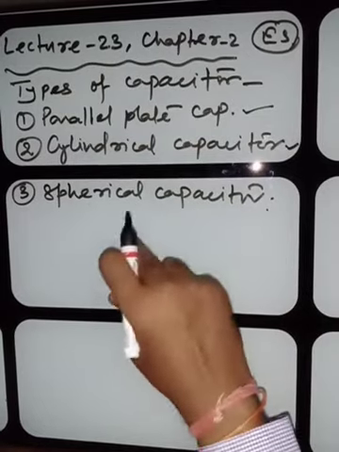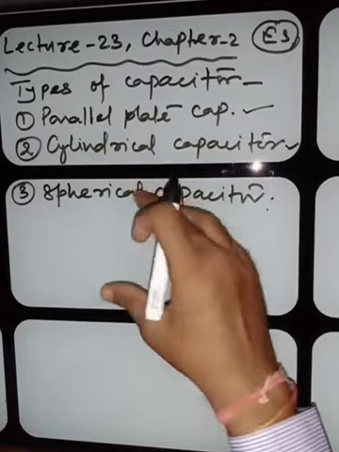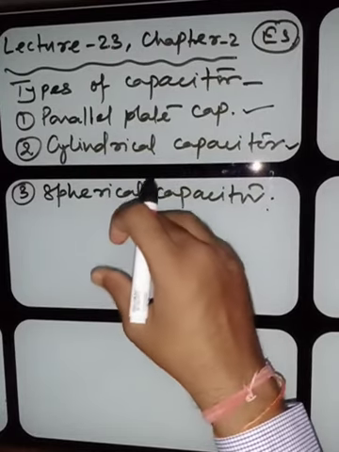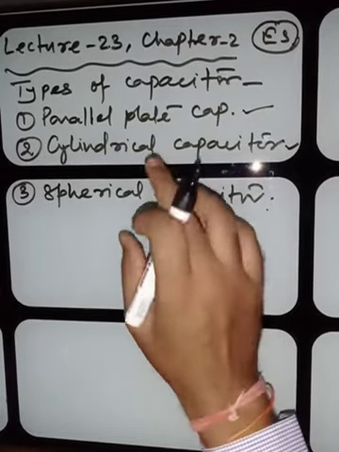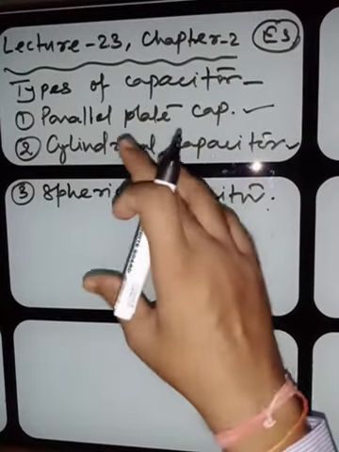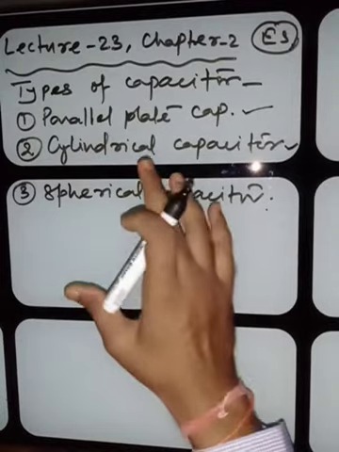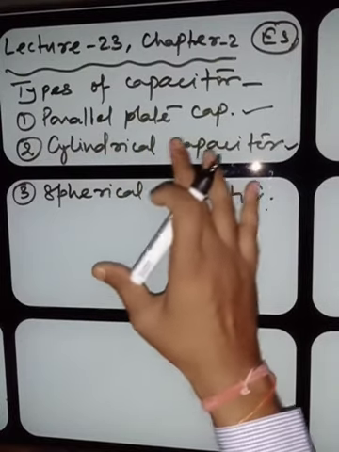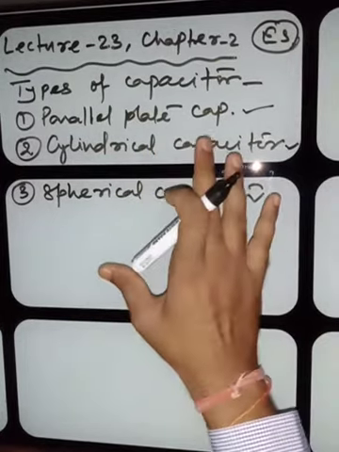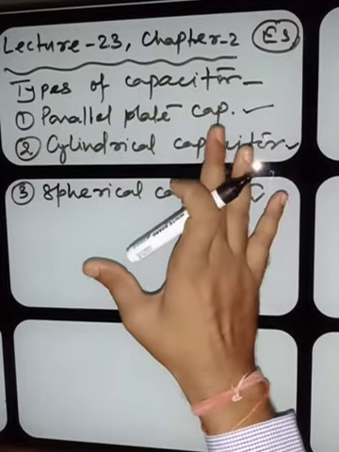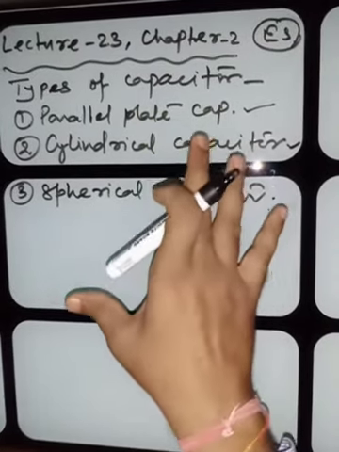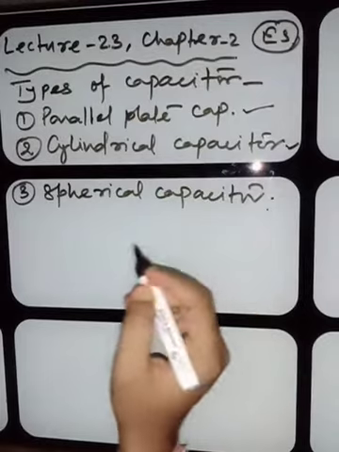But parallel plate capacitor, and one very important case, capacitance of parallel plate capacitor after insertion of dielectric, this is the very famous question, my dear students. So we are going to start the capacitance of parallel plate capacitor, but we are not introducing any medium. The medium will be only air, okay my dear students.